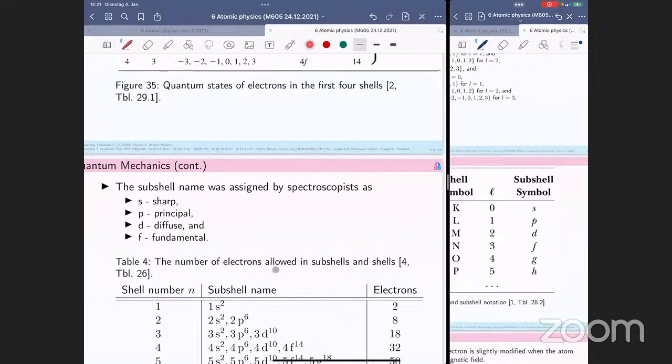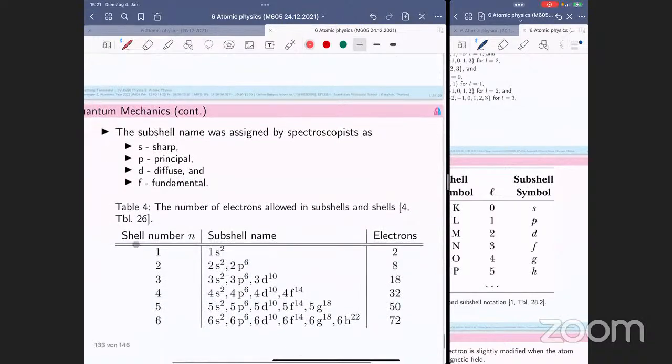The number of electrons allowed in subshells and shells is from reference number 4. The shell number n, subshell name, and number of possible electrons that could be captured in this example are taken from book number 4. 1s2.